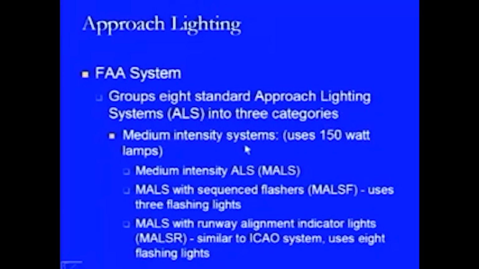One is the medium intensity system, which uses 150 watt lamps, and this is termed as medium intensity ALS, MALS. This MALS, if provided with the sequenced flasher, is termed as MALSF, and it uses 3 flashing lights. This MALS with runway alignment indicator lights is termed as MALSR, and this is similar to the ICAO system, and it uses 8 flashing lights.